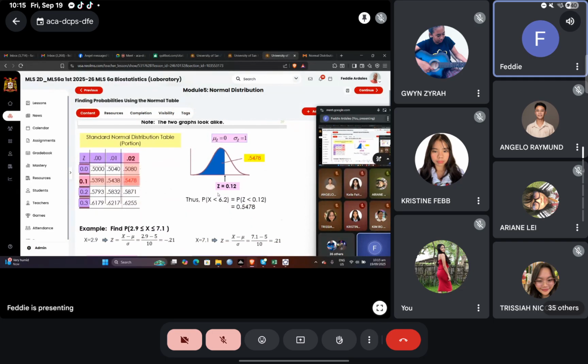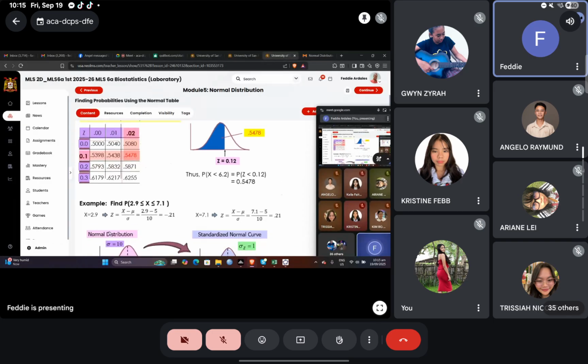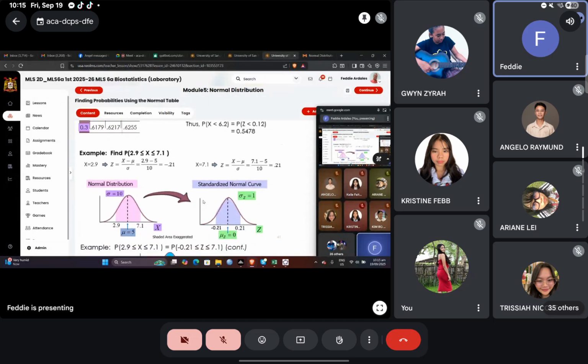Another example is between two values, 2.9 and 7.1. For x equals 2.9, the z-score is negative 0.21. For x equals 7.1, the z-score is 0.21.